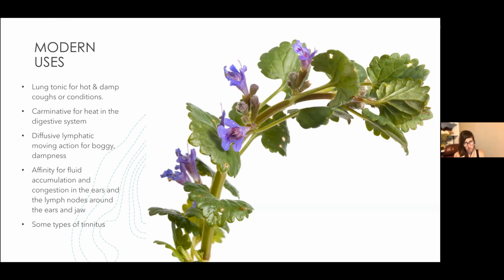But because of that, you want to be really conscious. For instance, I am in St. Louis, right on the Mississippi River. We call it the lead belt. So I don't harvest and eat ground ivy that's growing in soils that haven't been amended and taken care of, because I'm worried about the lead content.